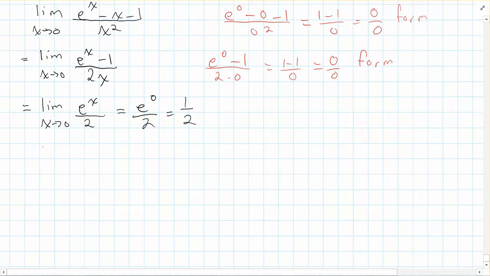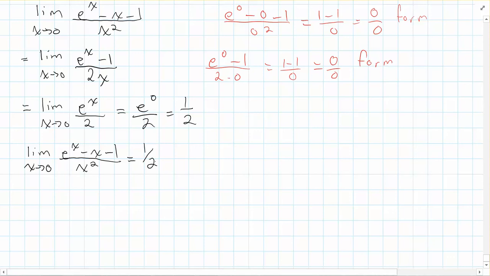So to make sure we understand what we just did here, we have that the limit as x approaches 0 of e to the x minus 1 over x squared is equal to 1/2. And we did that using L'Hopital's rule.